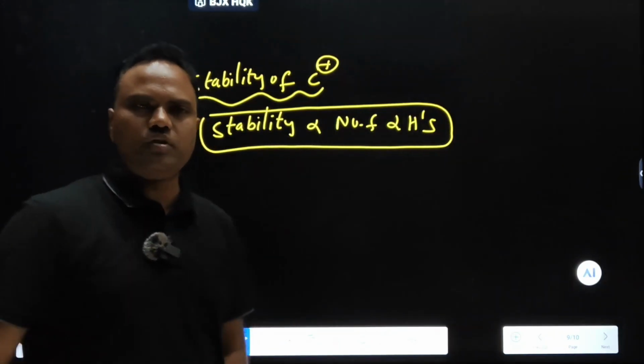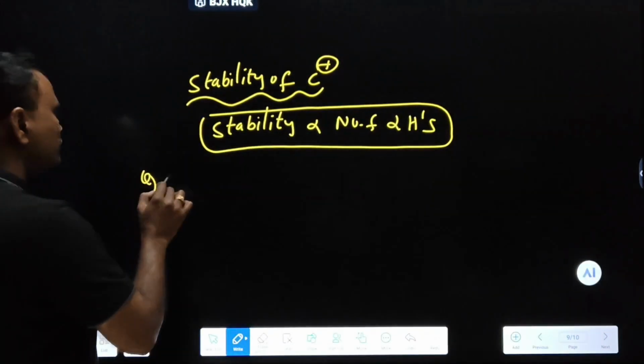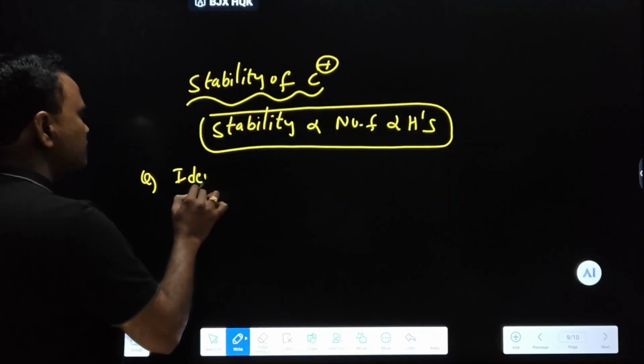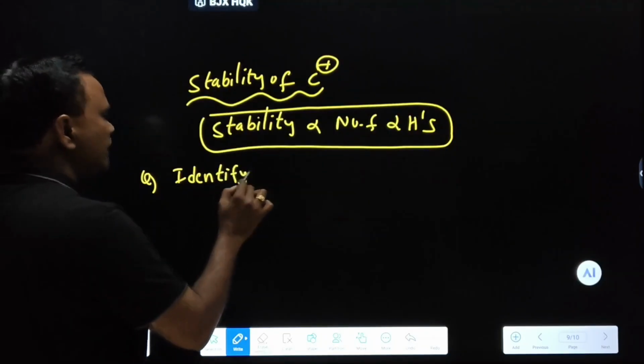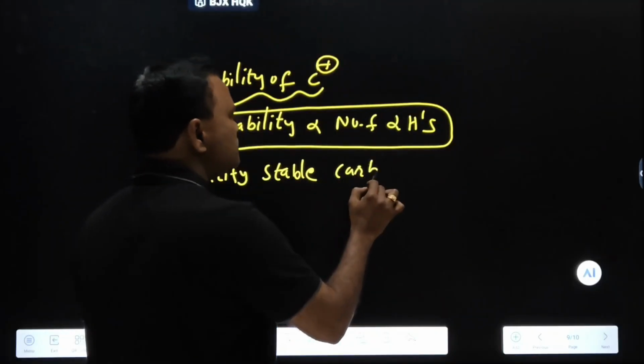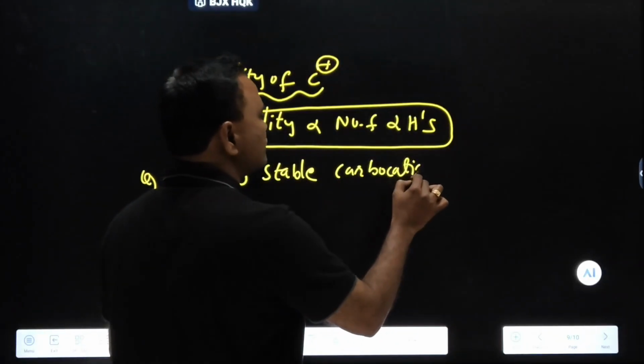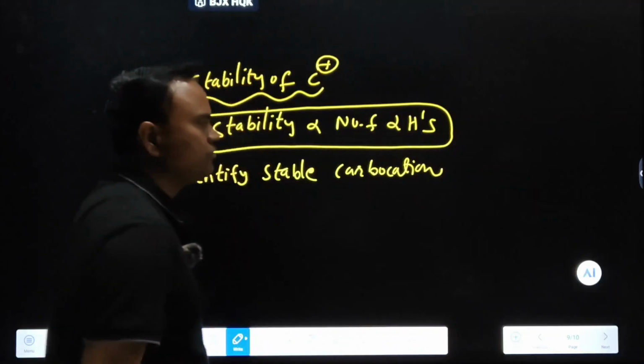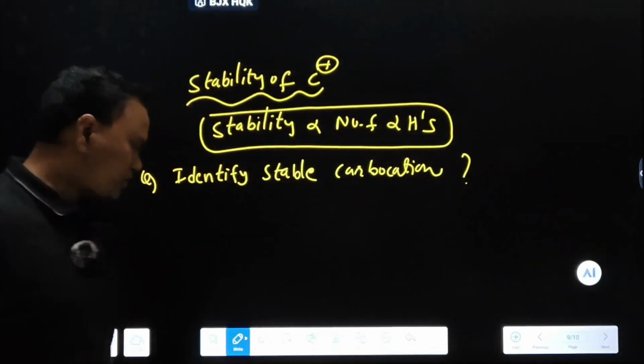Okay, let us see one question. Identify the stable carbocation from the given below.